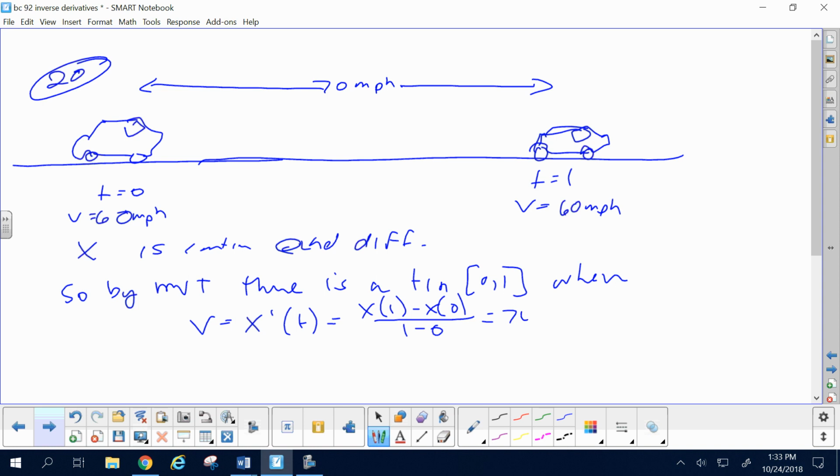That is 70 miles per hour. He must have been going 70 miles per hour at least once, and in fact, he must have been going over 70 miles per hour if his average rate of change is 70 and he's going 60. He must have exceeded that. All right. You're welcome.